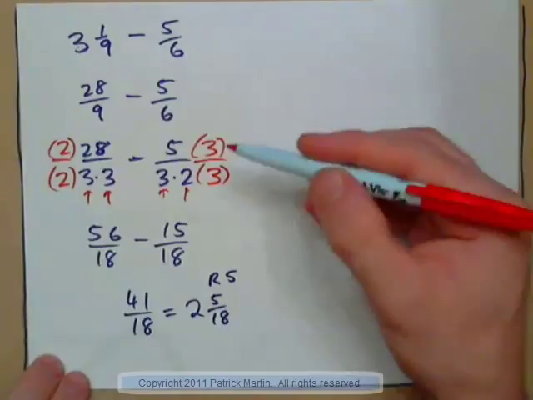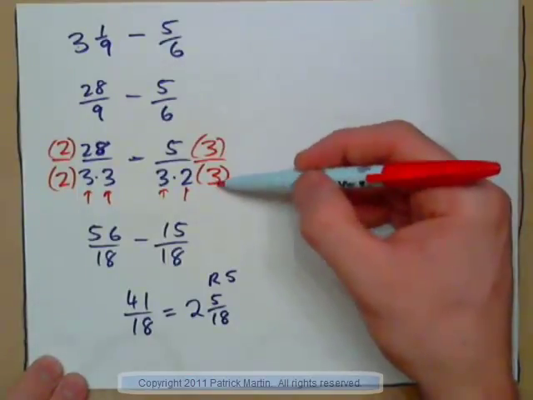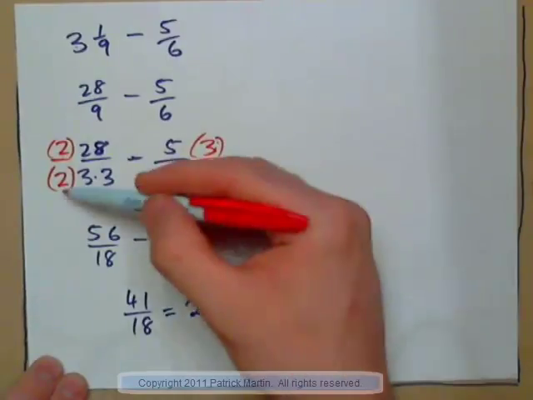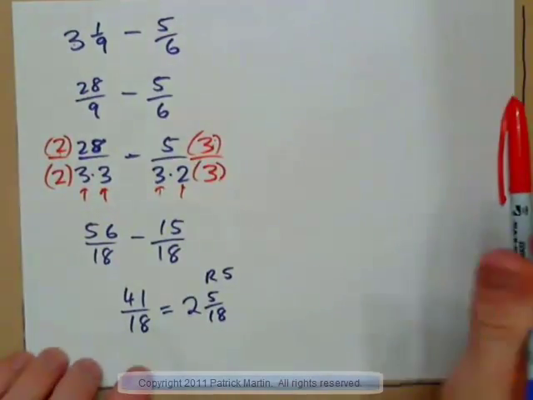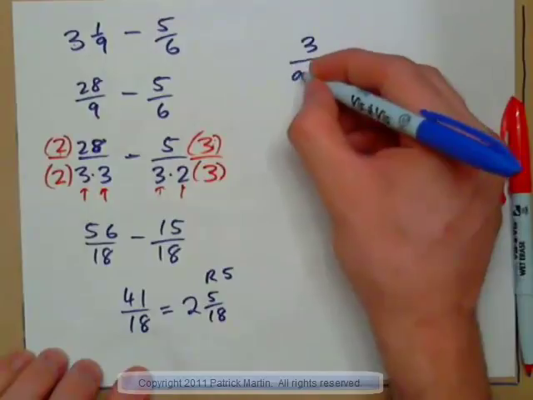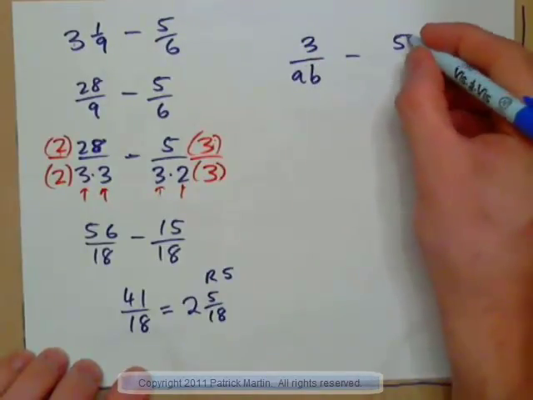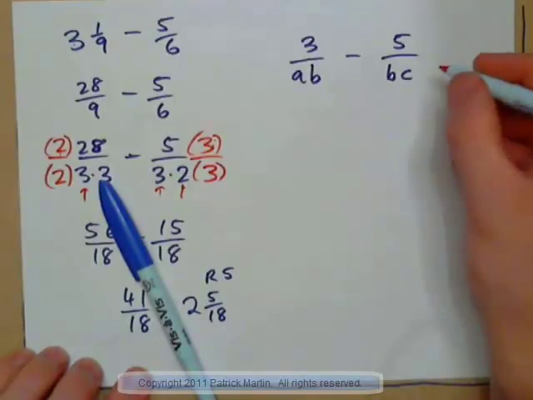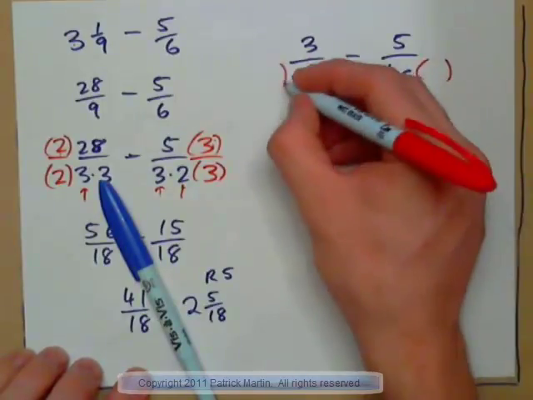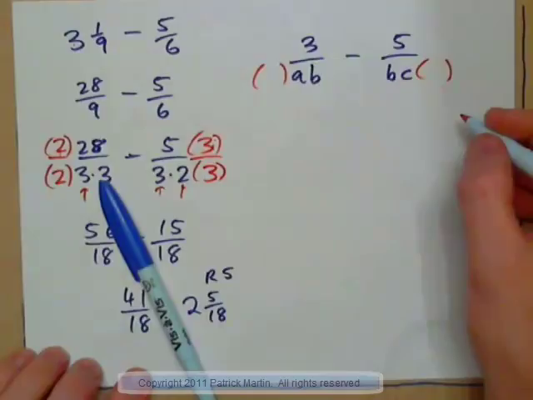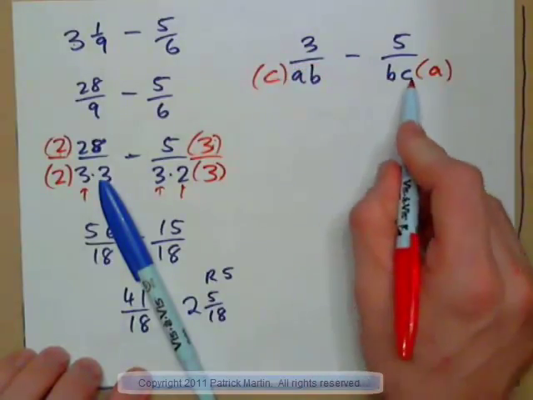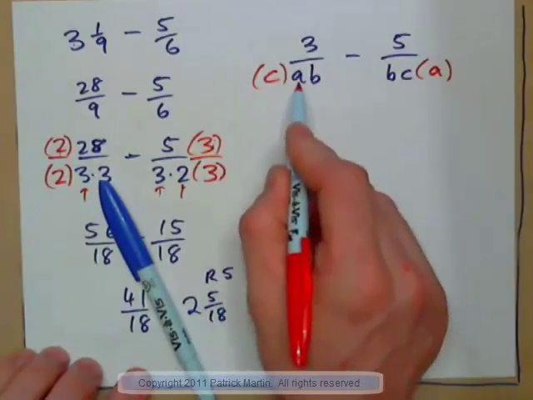Now, why do we do this procedure, multiplying by 3 over 3 and 2 over 2? Well, again, if we had something like 3 over AB minus 5 over BC, which you'll see later on in algebra, the first step is to make the bottoms the same. So multiply this by A, multiply this by C, and now you have BCA, BCA, same thing.